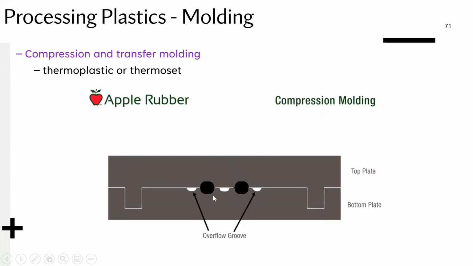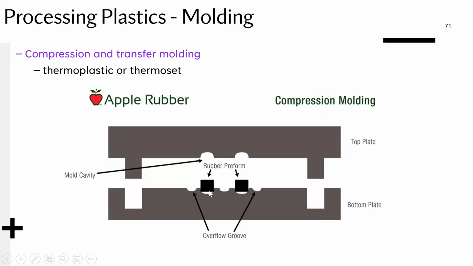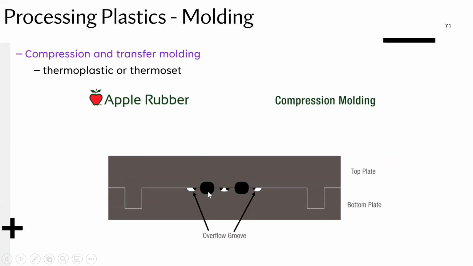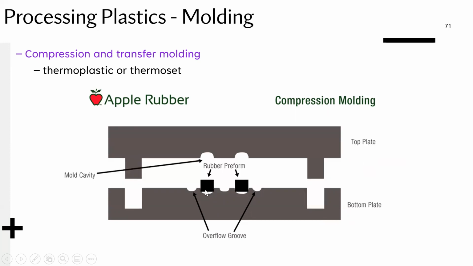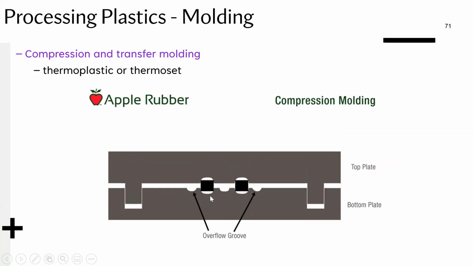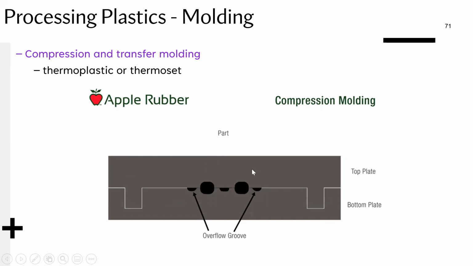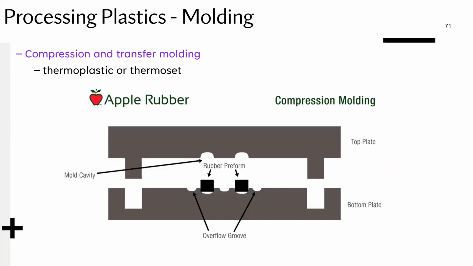What's happening here is you put the stock in. That's the first thing you do. The initial polymer stock, what you're starting with. Now, if this was a material that was thermosetting, you would have a liquid here. But anyway, in this case, you've got a solid stock. What you're doing is you're compressing it, and these two pieces are actually going to be heated up to the temperature that you desire.